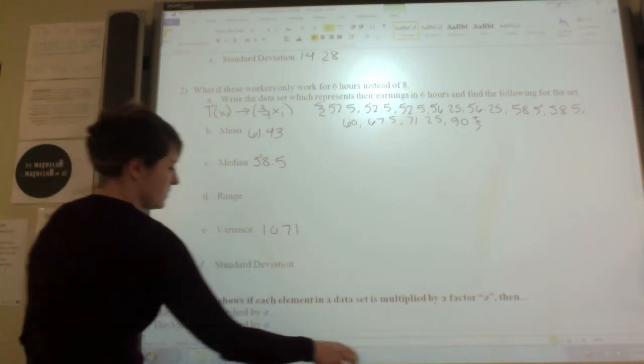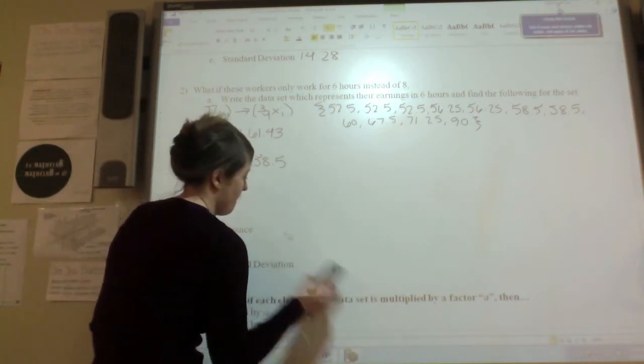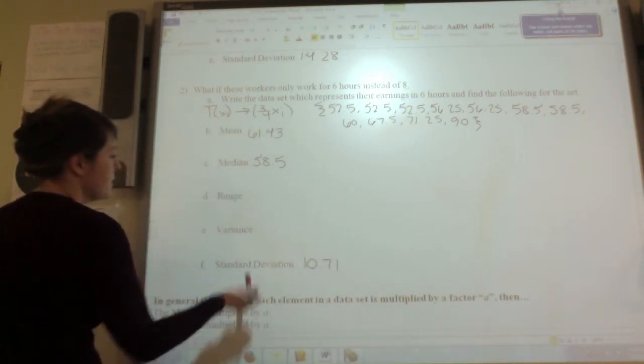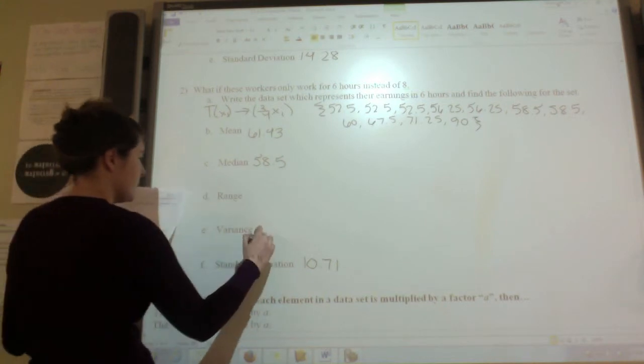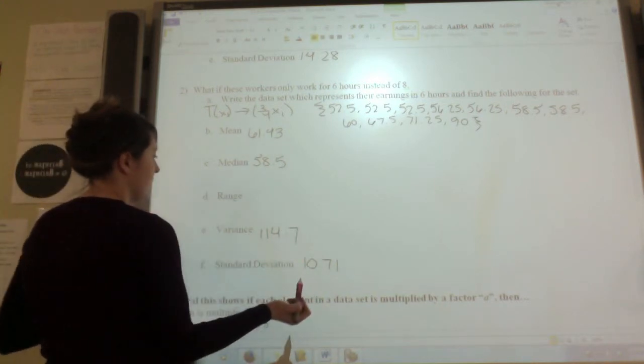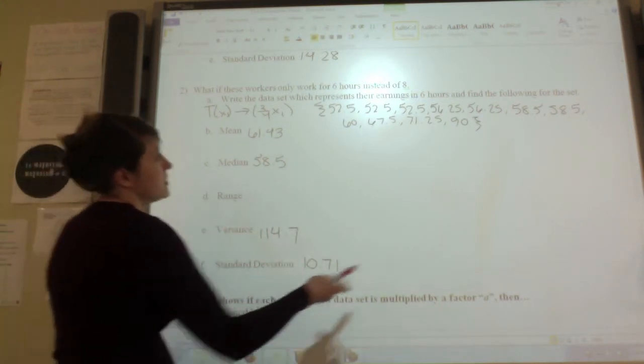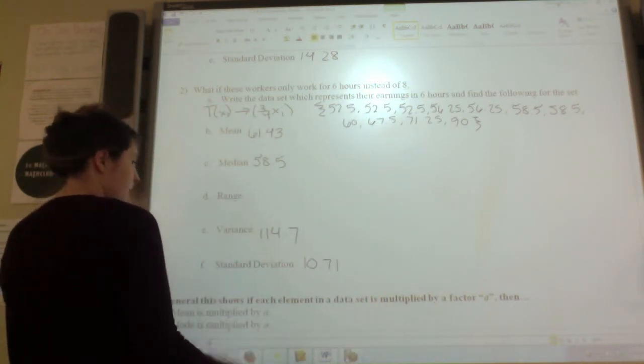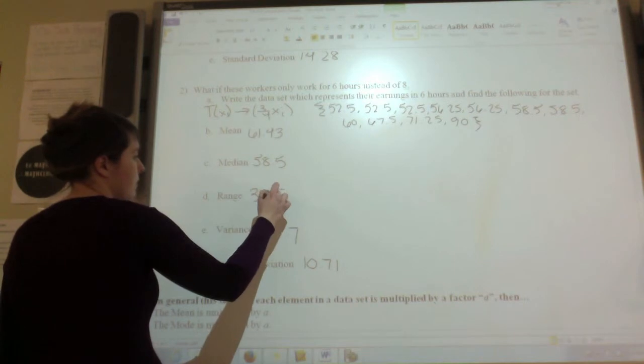If I square my standard deviation, that gives me my variance, which is going to be 114.7. And then for my range, I take my 90 minus my 52.5, that gives me a range of 37.5.